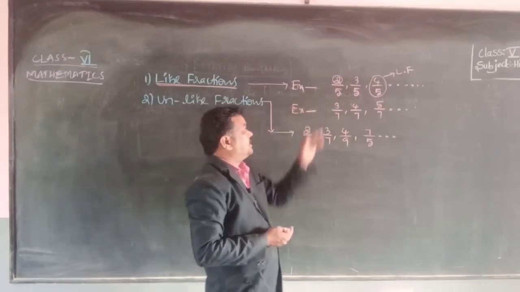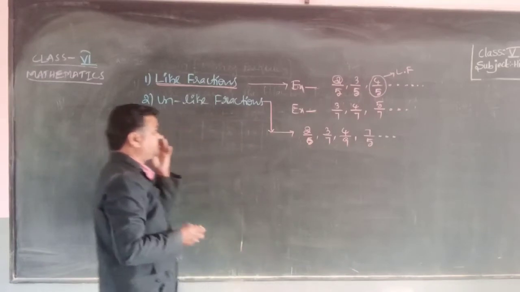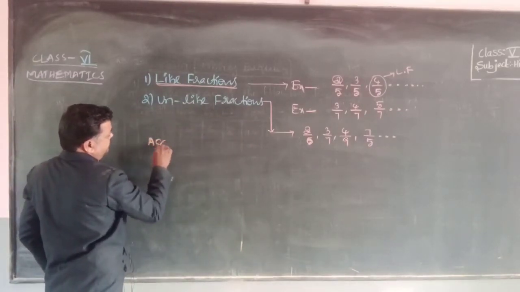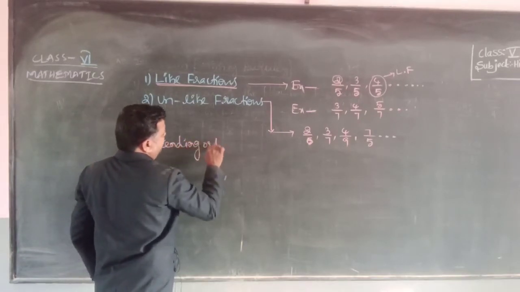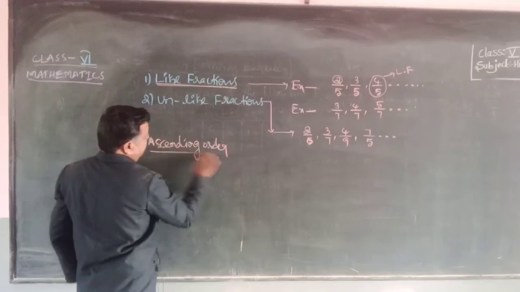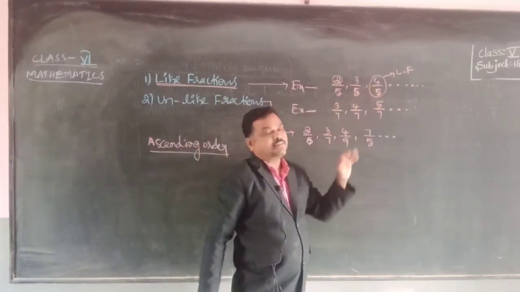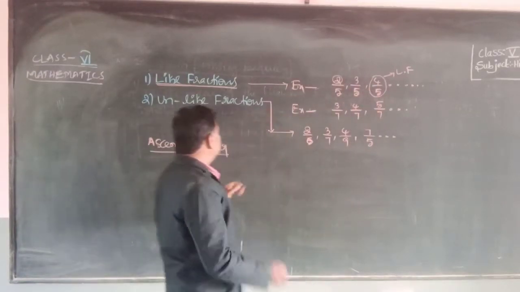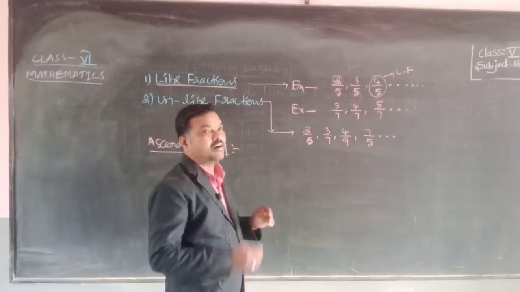Then how do we write the ascending and descending order of like fractions? The given fractions are 2 by 5, 3 by 5, 4 by 5. Ascending order means from the smallest to the largest.